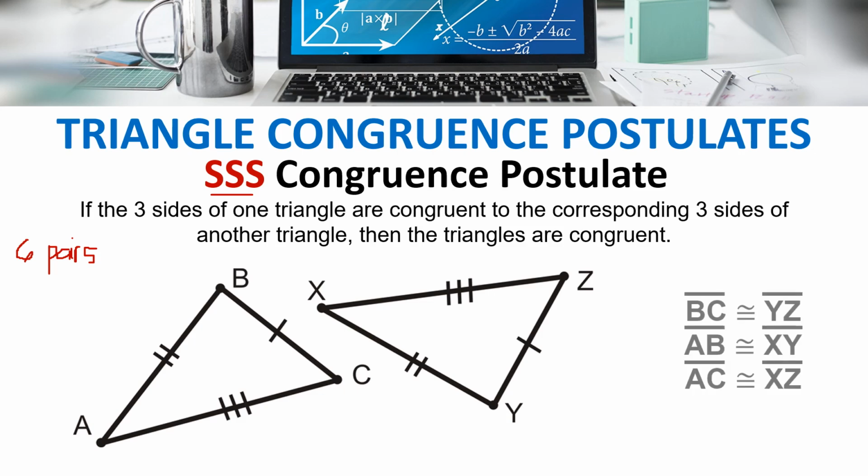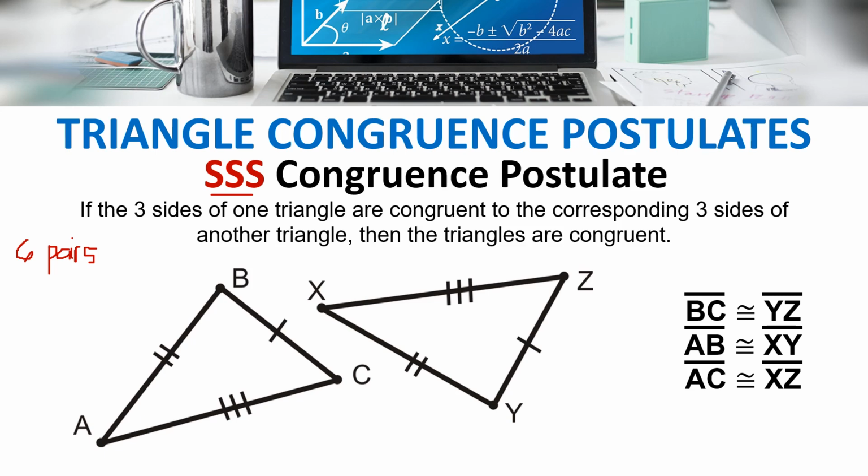So, pwede nating ilista yung mga corresponding sides. So, line segment BC is congruent to line segment YZ. Line segment AB is congruent to line segment XY. And of course, line segment AC is congruent to line segment XZ.